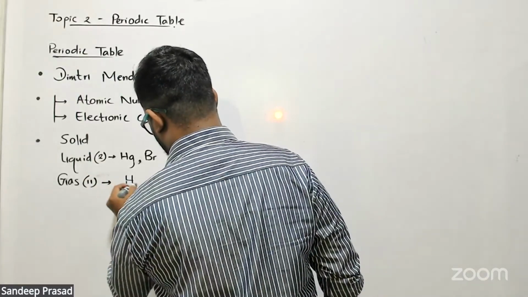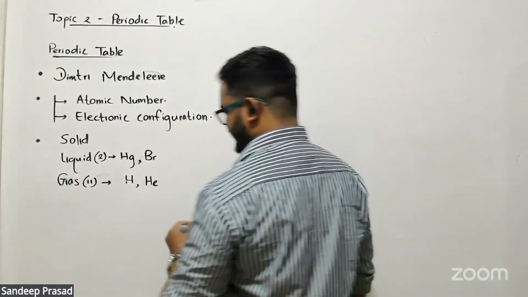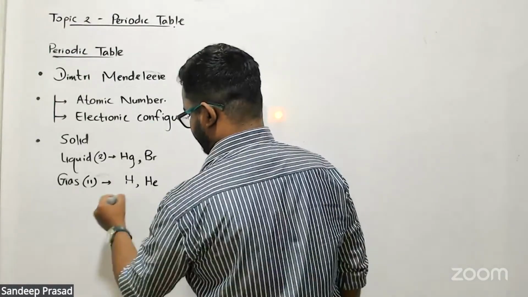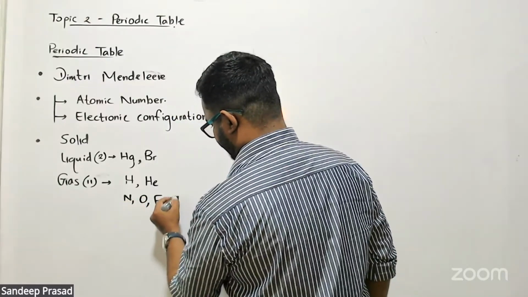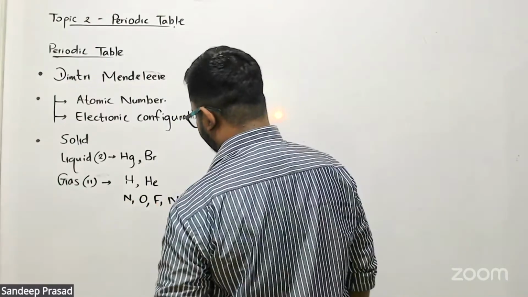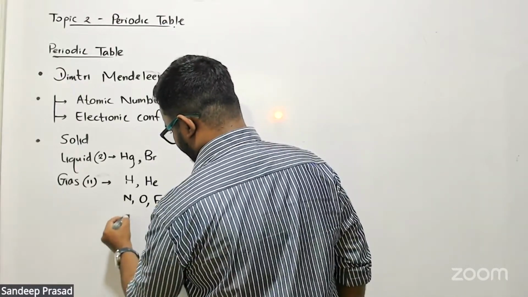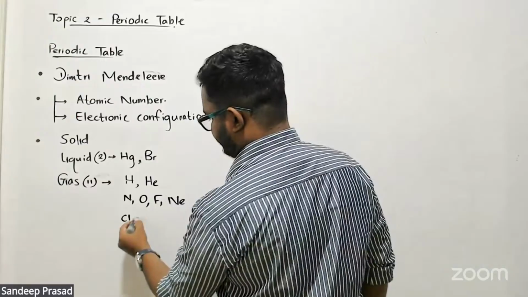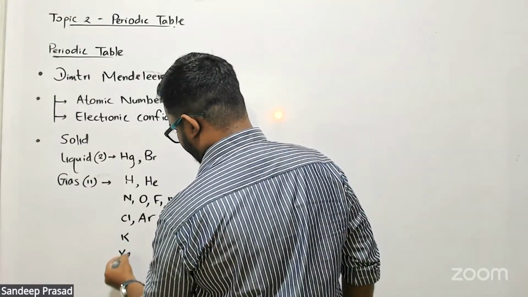First of all, hydrogen, helium in the first period. When we move to the second period, we can see nitrogen, oxygen, fluorine, neon. In the third period, we can consider chlorine, right? Argon. Then krypton, xenon, radon.